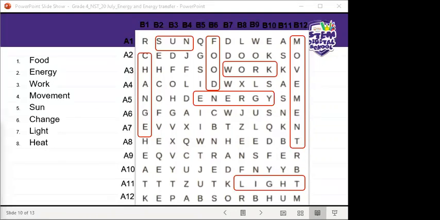Ma'am, you find heat from A8 to B1. A8 and B1. And what is meant by heat? Heat is when something is very hot or on fire. Okay, very hot or on fire. All right, thank you very much for that definition, Zoe.